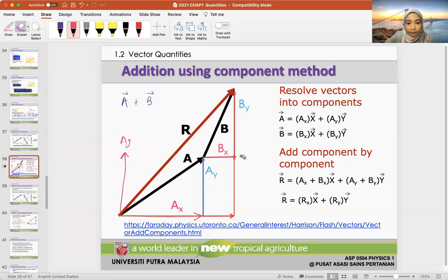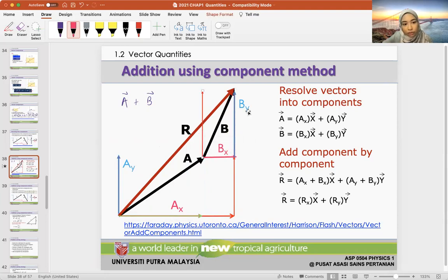And then for B, I think you already know what I'm going to say. We have the X component. Let me move this over here because it's basically the same thing. So this is my AY and my AX. Let's remove this. And then this is my BY and my BX.